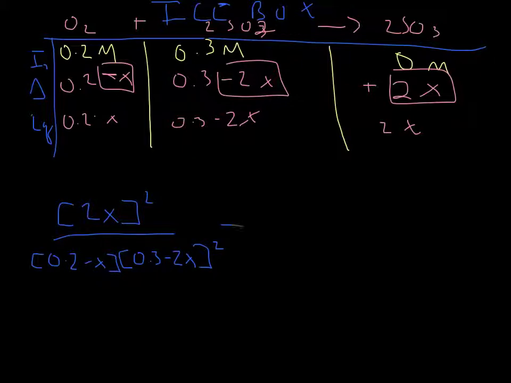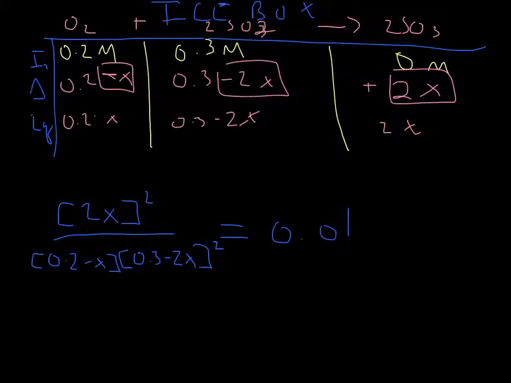Alright, let's say our Kc is 0.1. Now I don't want to do that. I'm going to make it 0.01. I don't know exactly how it's going to turn out. I haven't done this yet.